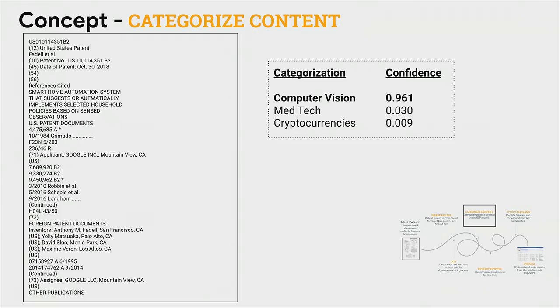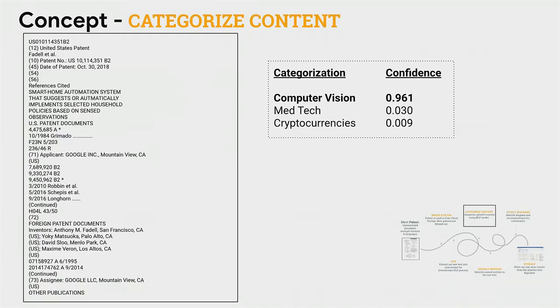By scanning through the content, being able to parse the different sentences, and being able to draw semantic meaning from the corpus in the text, we're able to determine what the content is for this patent. Right here in my demo, I only created 3 different categories, but this can be as many categories as you need for your business domain.